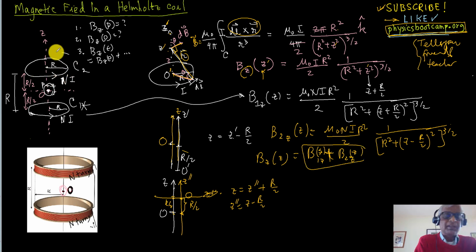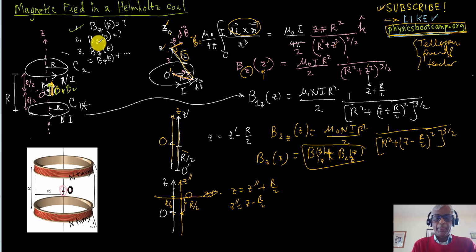If you look at the right hand rule, use the right hand rule. B2 is that direction, and if you do it like that for the lower loop, B1 will be in the same direction. B1 and B2 will be in the same direction. Okay, so we have our answer, and so we have an answer for 1.